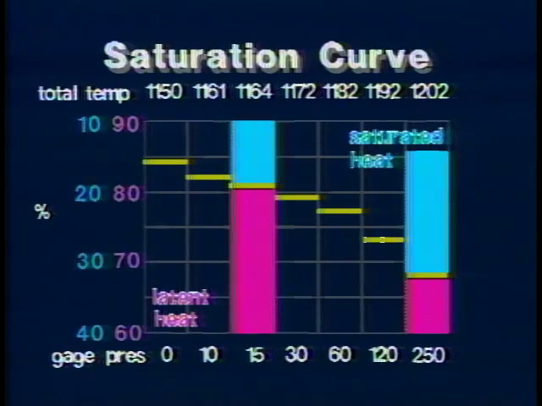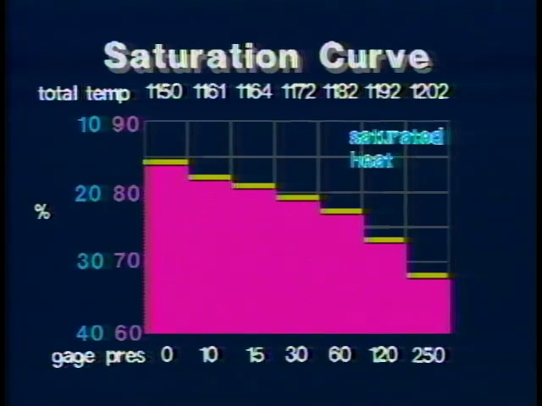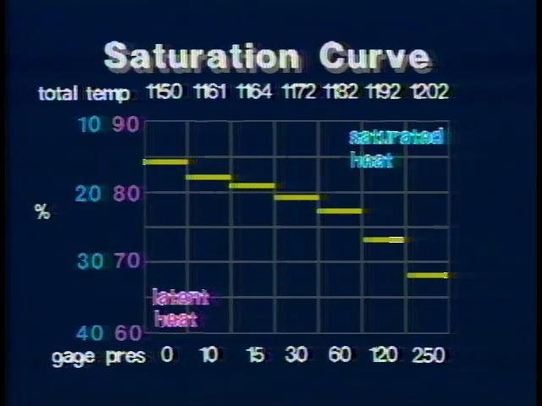If the total heat in the steam remains constant with increasing pressure, while the saturated heat rises, then there is less latent heat for the steam to release at higher pressures. Since it is this latent heat that heat exchangers use, the steam saturation curve indicates that they should be operated at the lowest possible pressure to be efficient.